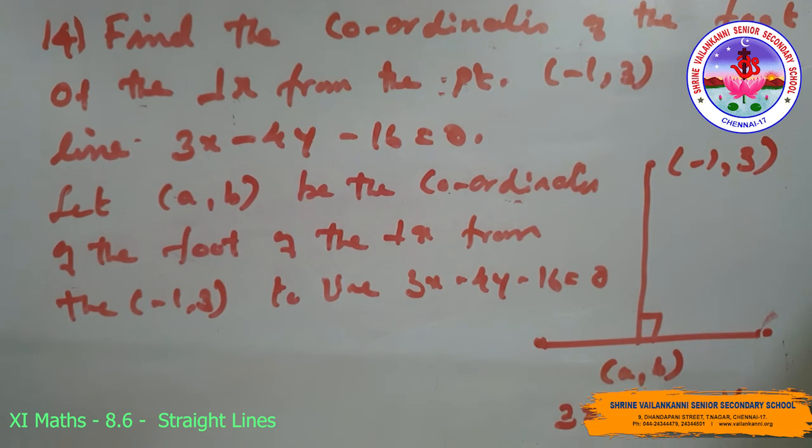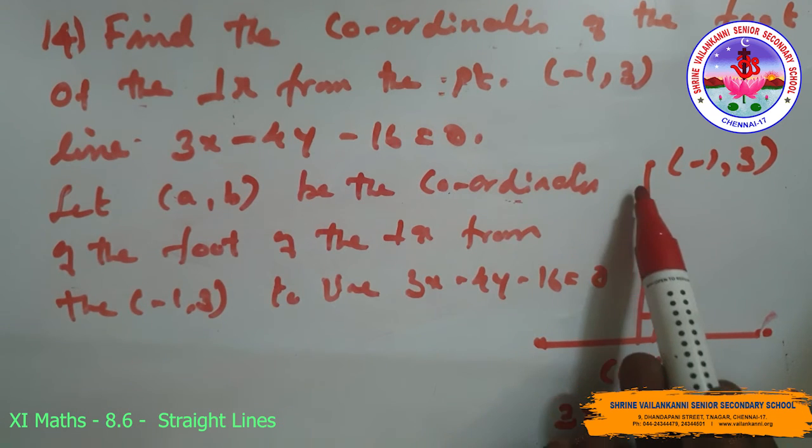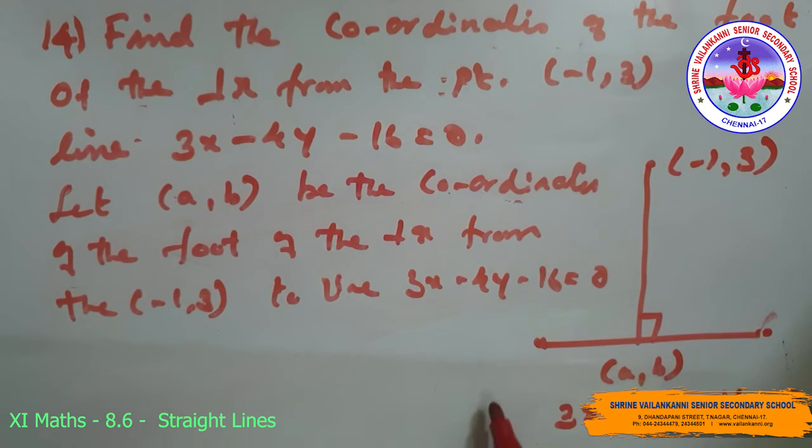14th question. Find the coordinates of the foot of the perpendicular from the point minus 1 comma 3 to the line 3x minus 4y minus 16 equal to 0. So let a comma b be the coordinates of the foot of the perpendicular from the point minus 1 comma 3 to the line 3x minus 4y minus 16 equal to 0.